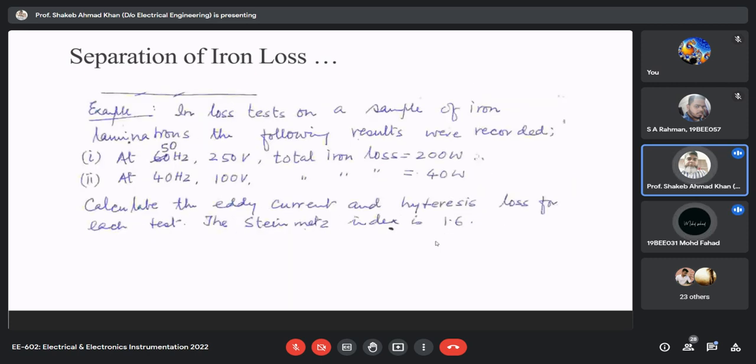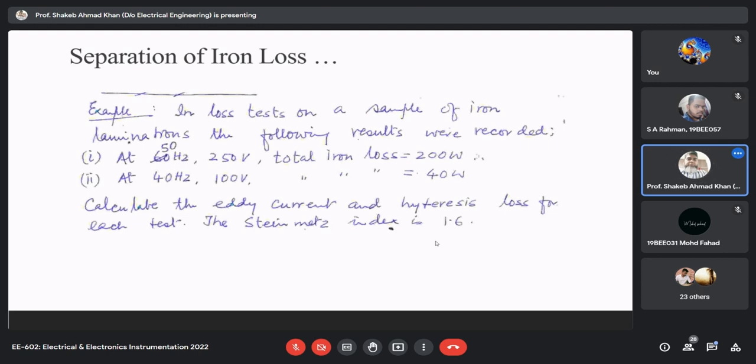Yes sir. Now we are solving this example. Here you can see that in a loss test on a sample of iron laminations, the following results were recorded. At 50 hertz, 250 volt, total iron loss is 200 watt. At 40 hertz, 100 volt, total iron loss. So these are two data points. Calculate the eddy current and hysteresis loss for each test.